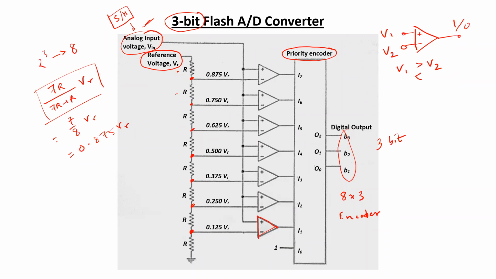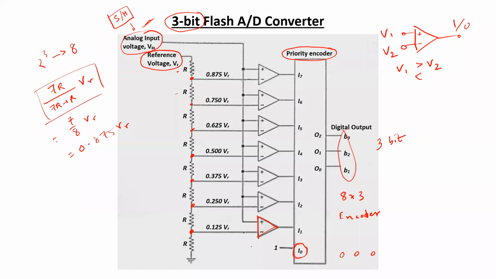Now, the initial bit or the LSB of the priority encoder can be directly connected to a high state without connecting an intermediate comparator, because it is not necessary in this case. If it is set to 1 and none of the other comparators are giving you a high signal, then you are going to get 0, 0, 0.